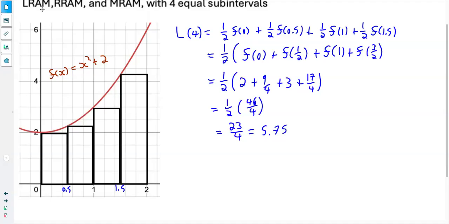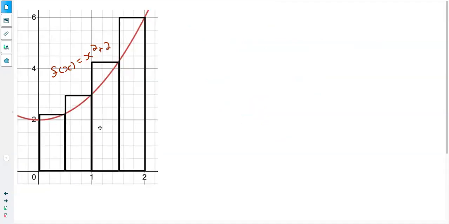Next, we'll do our R round. So with this same idea, each of these intervals has a width of 1/2, but now we're basing it off of the right side of our intervals.